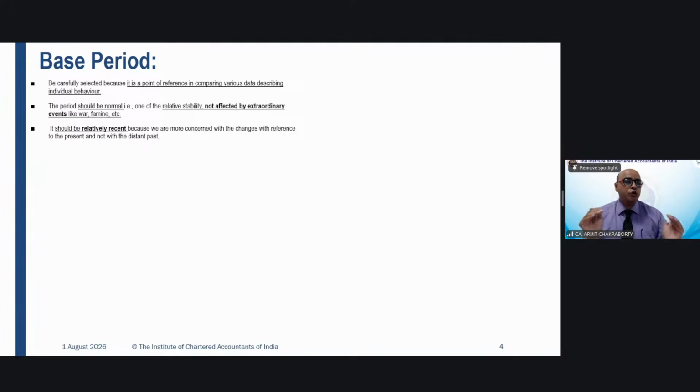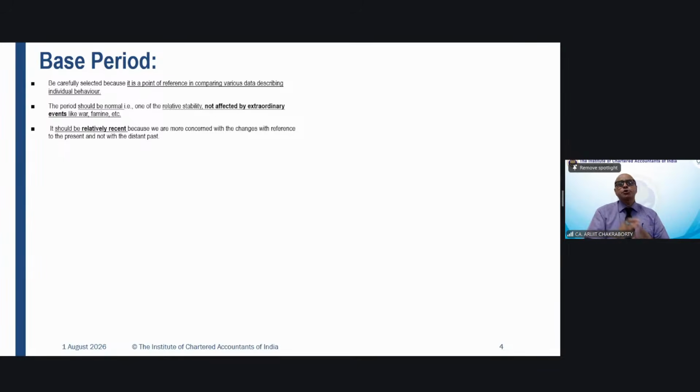There should be perfect economic stability in the base year, क्योंकि if the base year itself is biased, maybe there was, say for example, the pandemic, or there was a war, or there was economic recession, in that case, that particular year should not be selected as the base year.